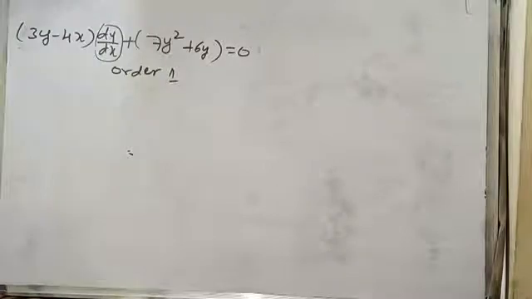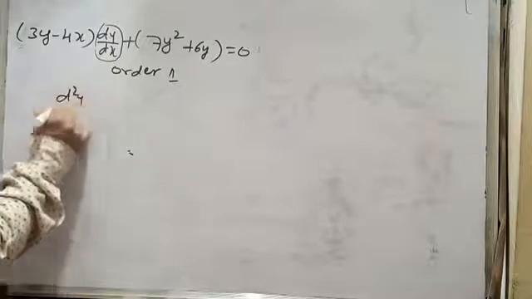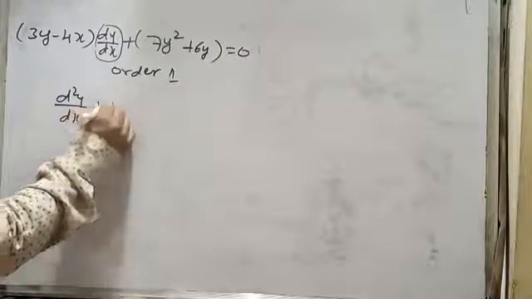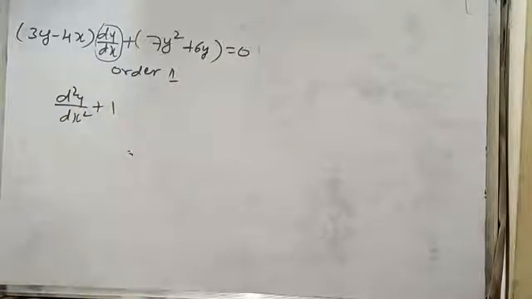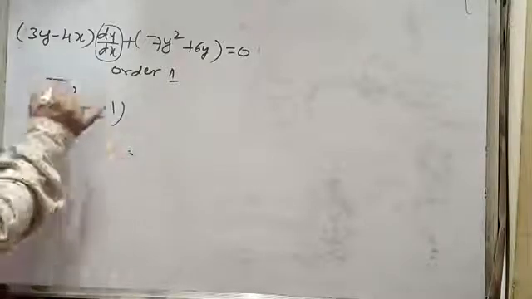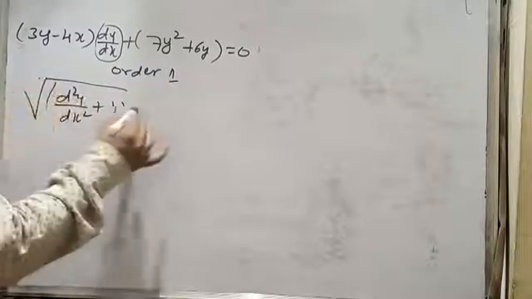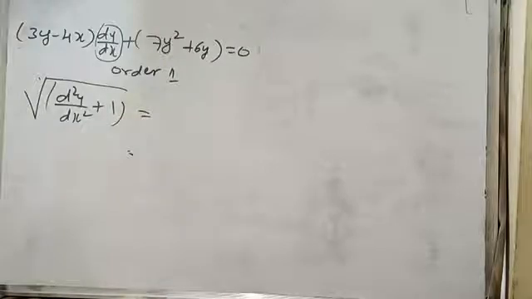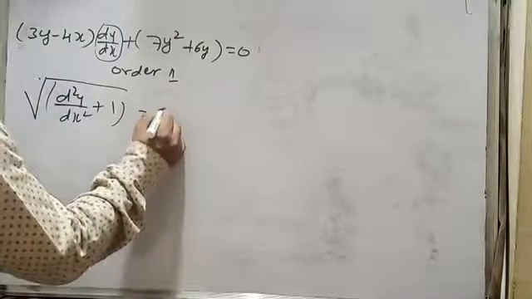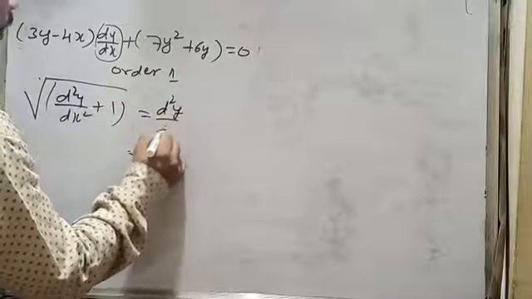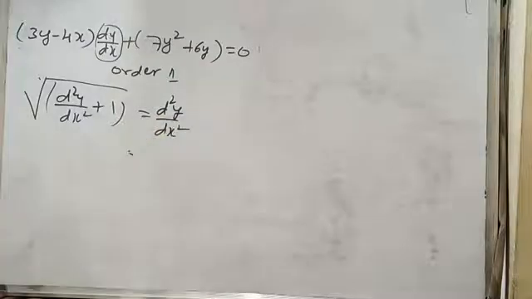Okay. Similarly, we will go for another example. d square y by dx square plus 1, and I will write its square root, is equal to d square y by dx square. Now, what is the order of this differential equation? Order is 2, okay.